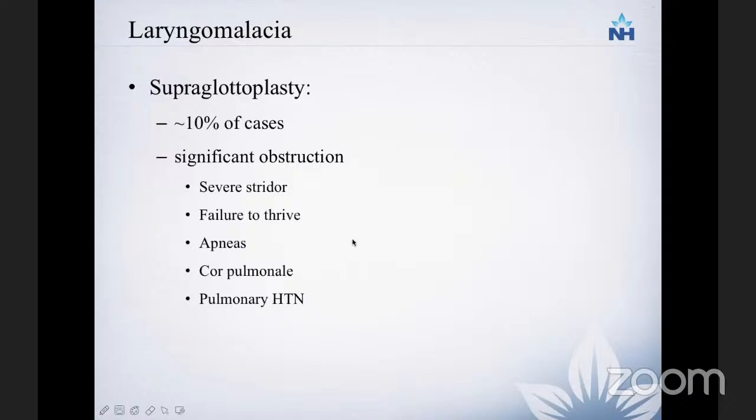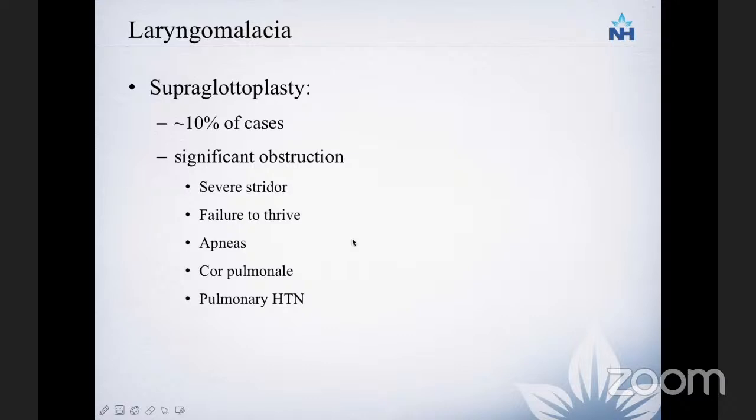Now, the surgical intervention for laryngomalacia is supraglottoplasty. It is usually not required. In around 10% of the cases, supraglottoplasty is required. So when is supraglottoplasty required, or when should a physician or a pediatrician take the help of a pediatric surgeon?